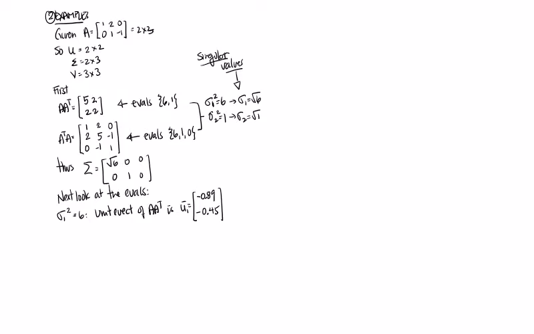And then we also find a unit eigenvector of A transpose A. Call that V1. That'll be negative 0.37, negative 0.91, and 0.18. Now, in this case, I won't show the calculation, but everything works nicely.